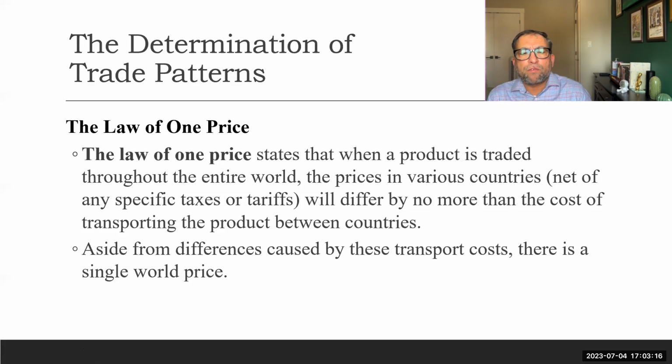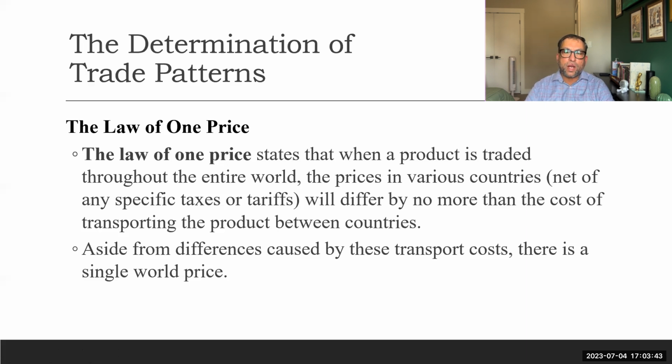Now the determination of a trade pattern: if we look at why one country is an exporter and the other country is an importer, we have to look at a few things. One is a concept in economics we call the law of one price. That the price of products is almost equal if there is no transportation cost.